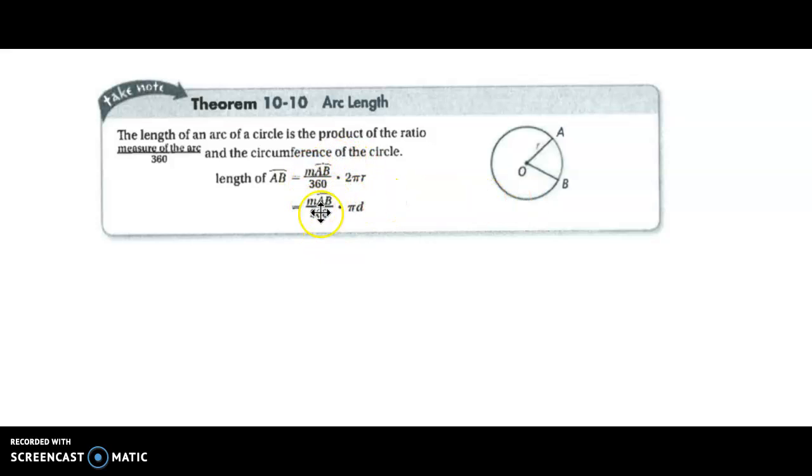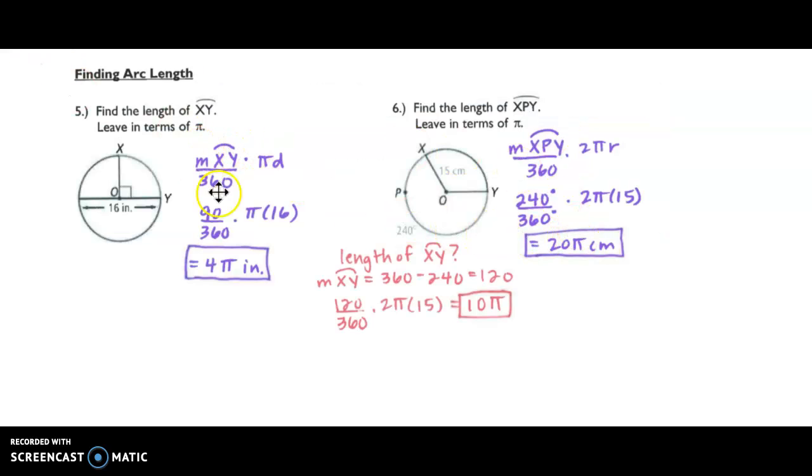The little m stands for measure, so the measure of arc AB divided by 360 times the circumference. That's what the length of this arc AB would be. Here are a couple examples to go over. Please go over them. If you have questions on these examples, please let me know.